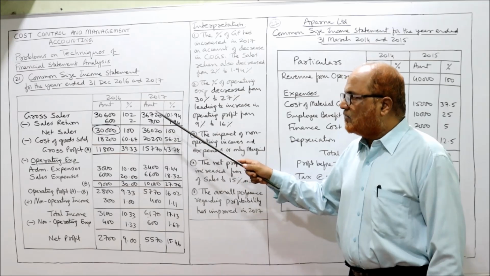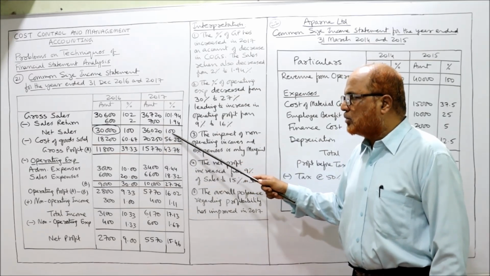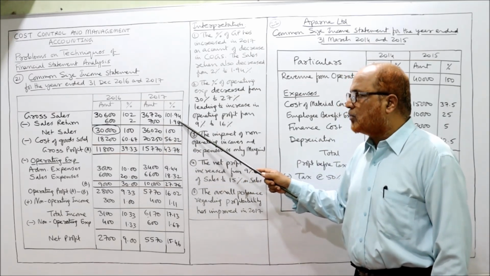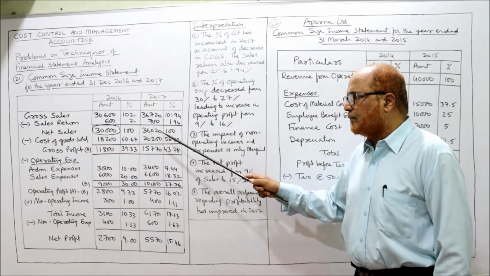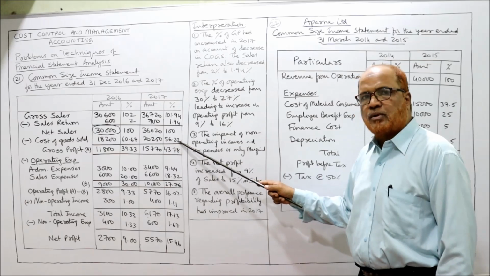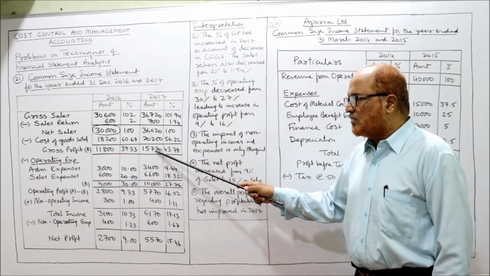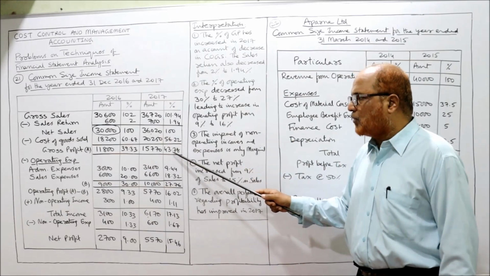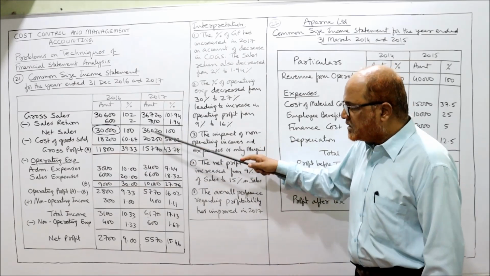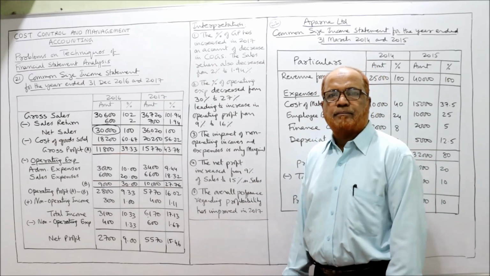Similarly, 700 divided by 36,020 gives 1.94. 20,250 divided by 36,020 into 100 gives 56. 15,770 divided by 36,020 into 100, you get 43.78. Like this, you calculate all the percentages.